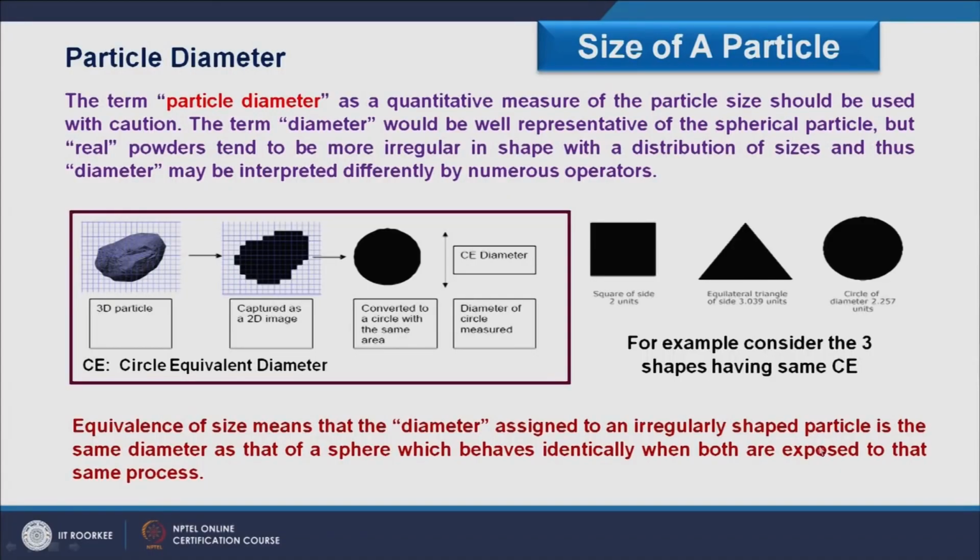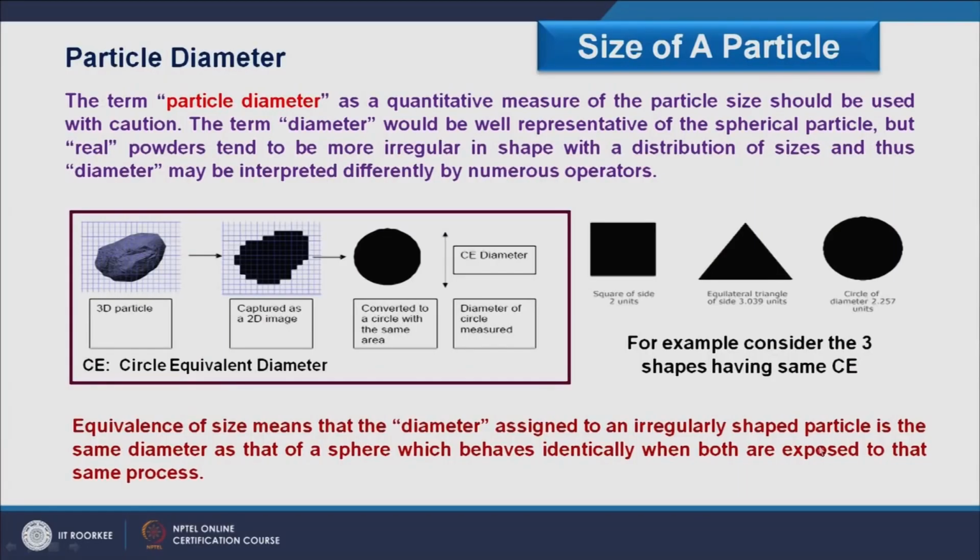That is basically the meaning of equivalence: it should not affect the process. While considering an irregular particle or a spherical particle, the process in which it is involved should not be affected. Therefore, we are trying to equate the irregular particle to the spherical particle, so that their behavior in the process is similar.